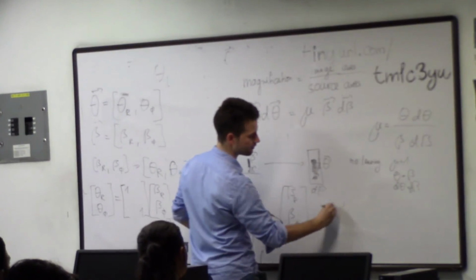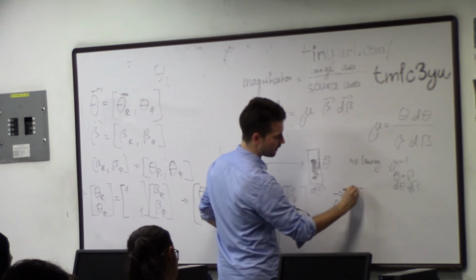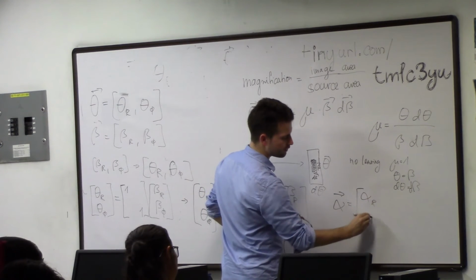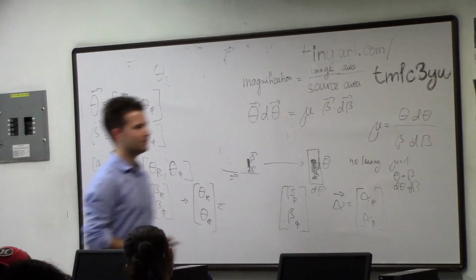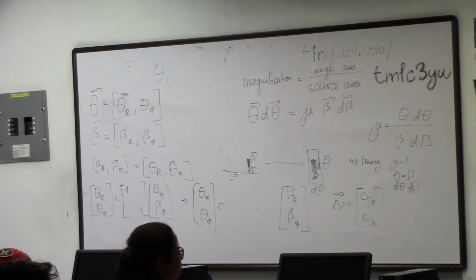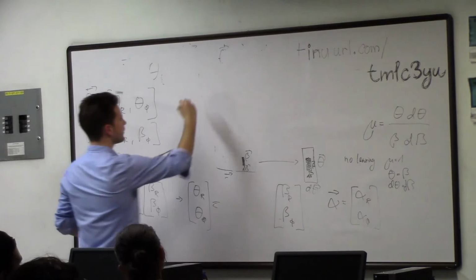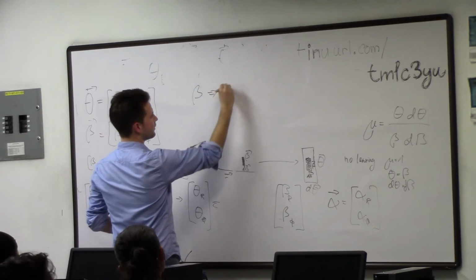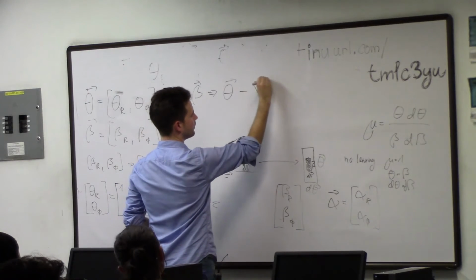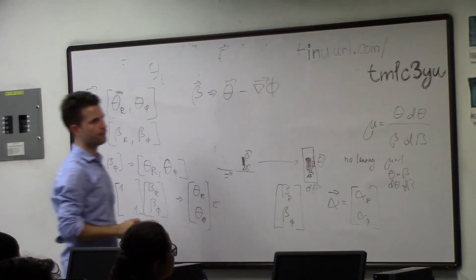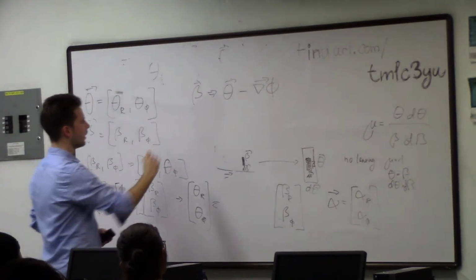So your alpha will also have these two components. And before I make us lost even more, think of the lensing equation where beta is now equal to theta minus the gradient of phi.